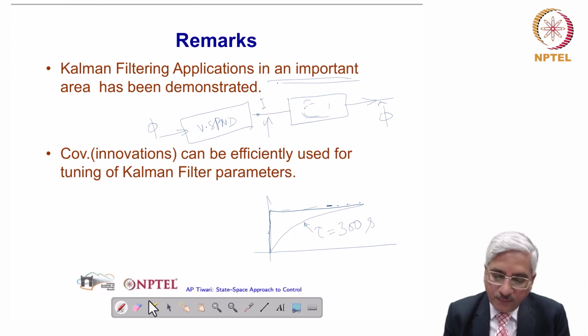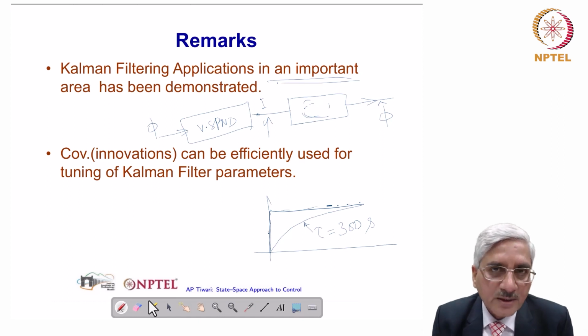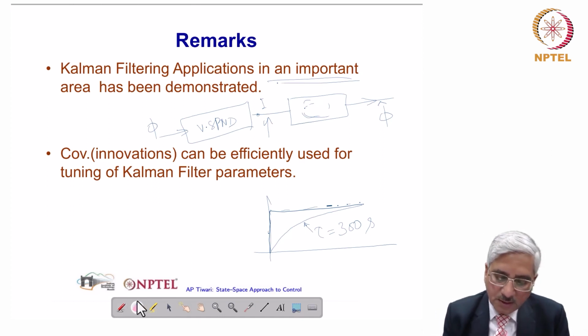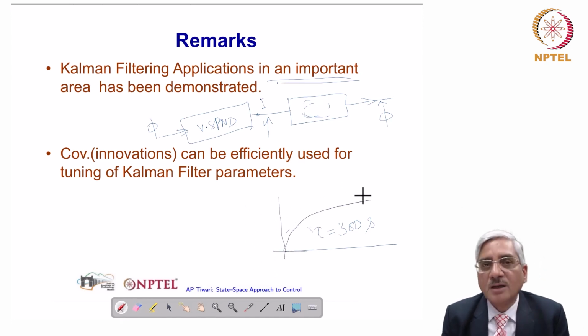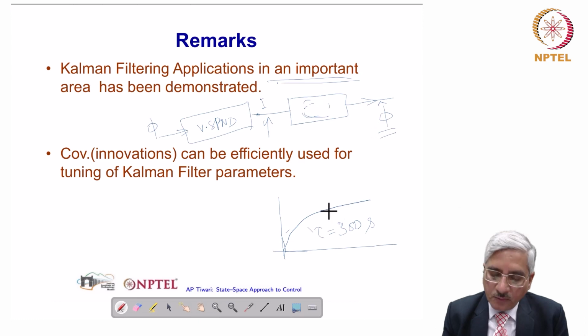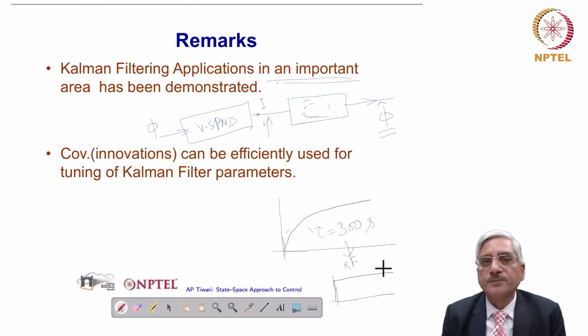Now, if one uses the Vanadium SPND for monitoring the neutron flux, one will not see that flux. One will see this signal. And the operator will feel that the flux is rising slowly. That is not correct. So the operator should be shown this one. So from this, through a Kalman filter, what comes out is this or something close to that.